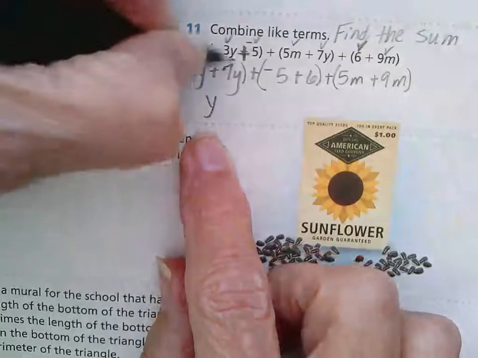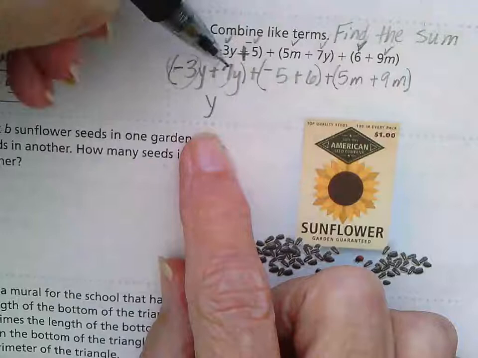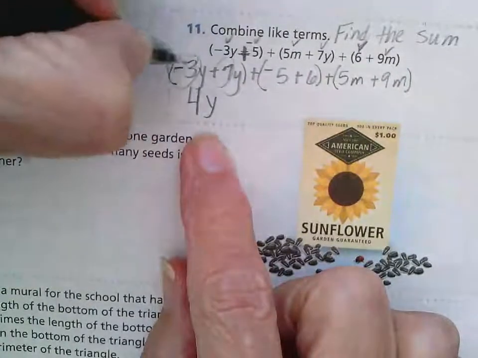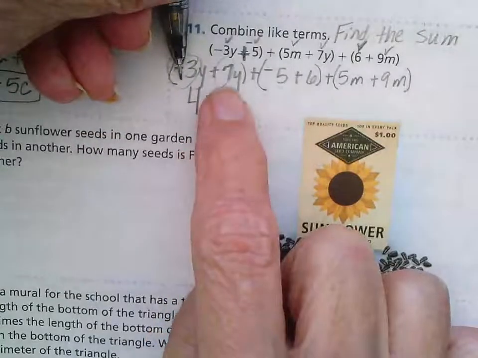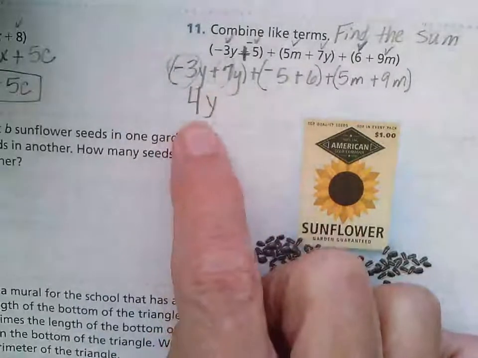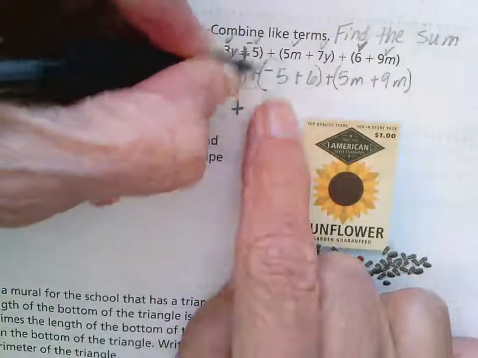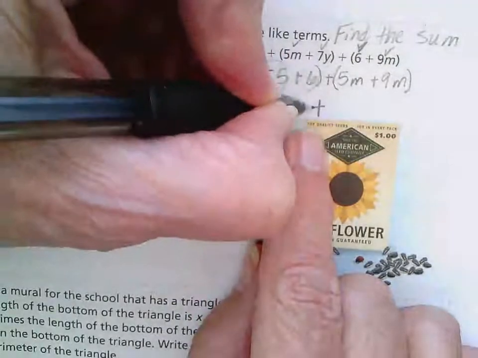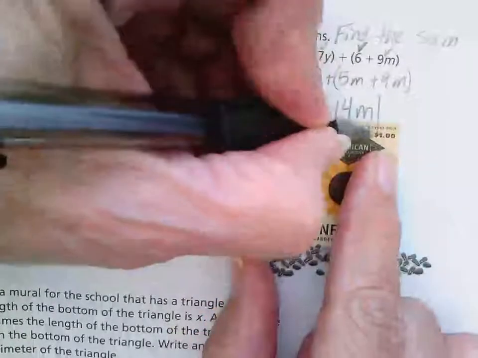So I'm just going to look at my coefficients, and I'm going to be subtracting 3 from 7, and that's going to give me 4. And because the absolute value of the larger number originally was positive, this is a positive. Plus negative 5 and 6 is 1. And over here I have 14m.